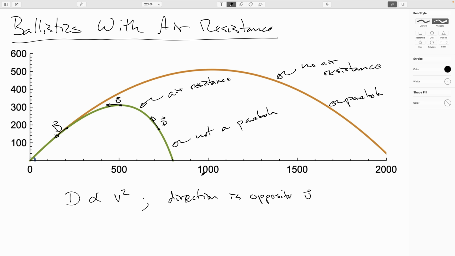It's not painful to set up, especially numerically. But you can see that the difference can be quite stark. So when we neglect air resistance, it's not because air resistance is negligible in the real world. It's just that it's very, very hard to solve right now in an introductory level treatment. So that was one thing that I wanted to bring out.